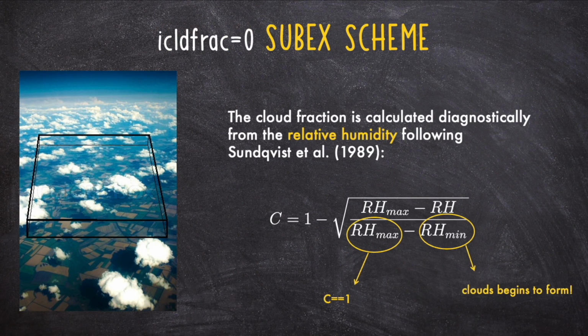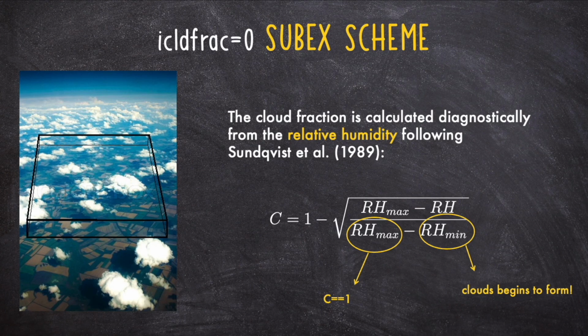The first one is SUBEX, where the cloud fraction is calculated diagnostically from the relative humidity with this equation, where RHmin is the relative humidity threshold at which the cloud begins to form, and RHmax is the relative humidity where the cloud reaches unity.